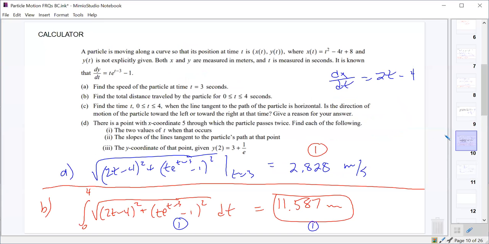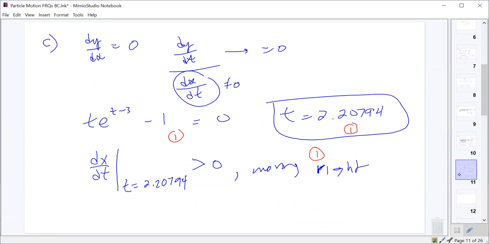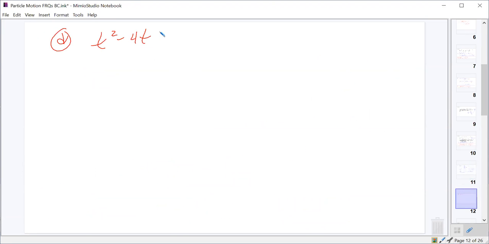And lastly, part D had 3 little parts to it. We said there's a point with x coordinate 5 through which the particle passes twice. Find the 2 values of t where that occurs. So if the x coordinate is 5, we just need to set x of t equal to 5. So t squared minus 4t plus 8 equals 5.